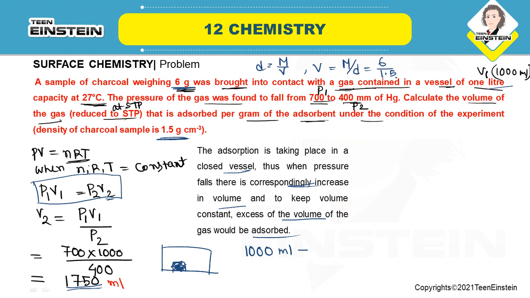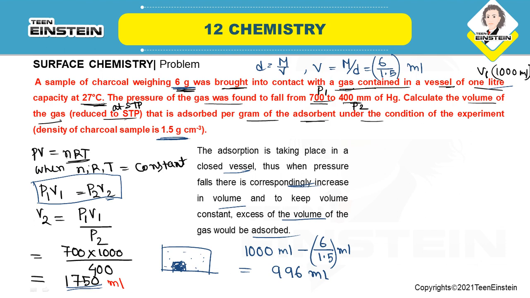6 divided by 1.5. This is the volume in ml or centimeter cube, both are actually the same. So 1000 ml minus 6 divided by 1.5 ml. If we do this subtraction, you will get the volume that is available, and this value is 996.